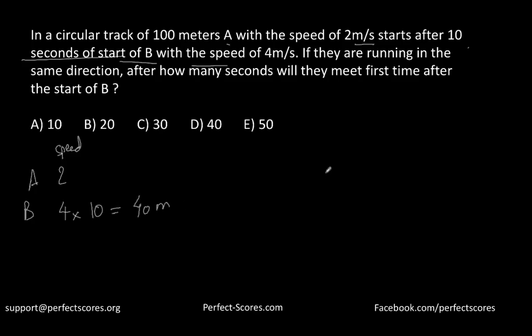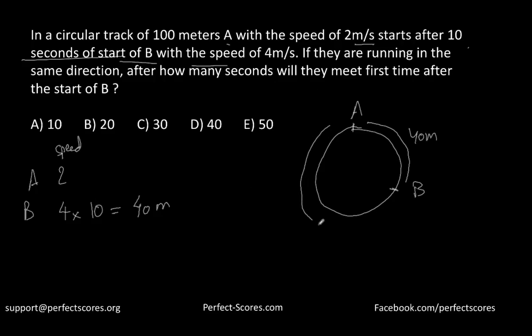Now if you talk about the starting point, A is right here and B is right here, so the distance between them is now 40 meters. The other distance is actually 60 meters because the circular track is 100 meters.